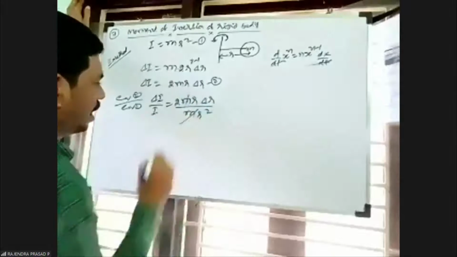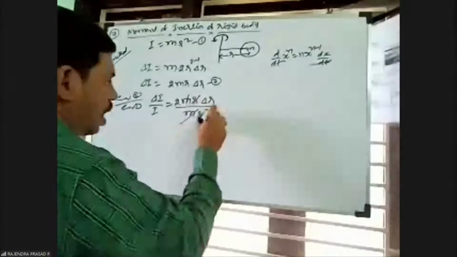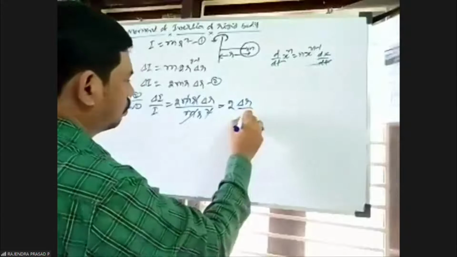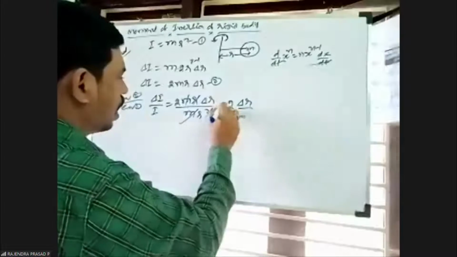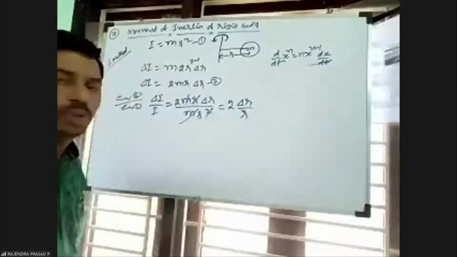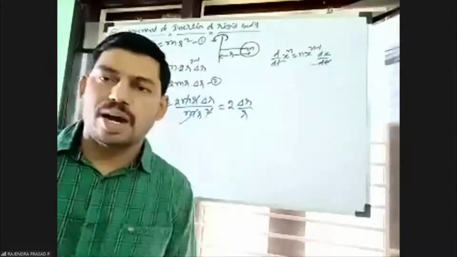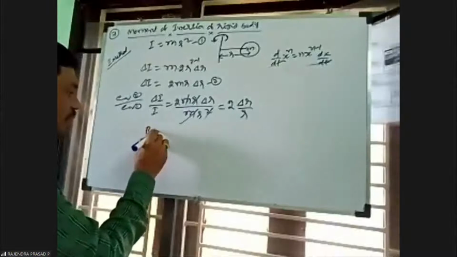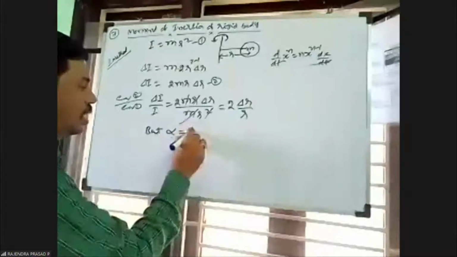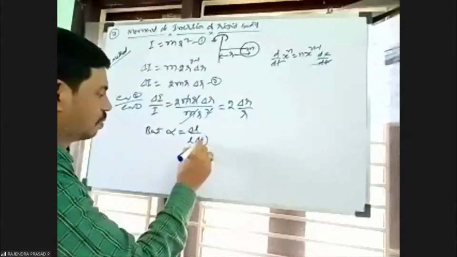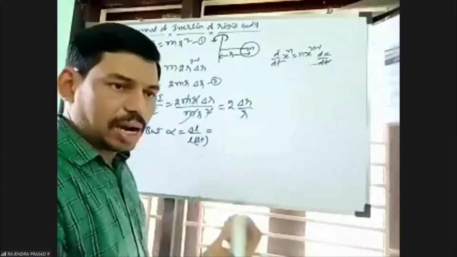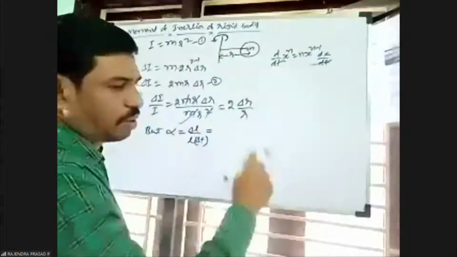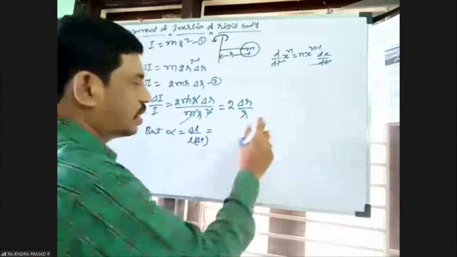So m gets cancelled, r square gets cancelled. 2 into delta r by r. But this is a length, and linear expansion alpha equals delta L by L into delta T. Delta L is nothing but delta R, the change in length, the change in radius. Actually, what is L? For example, a wire is bent in the form of a circle.